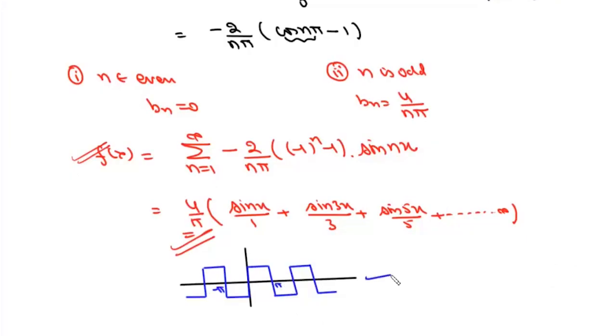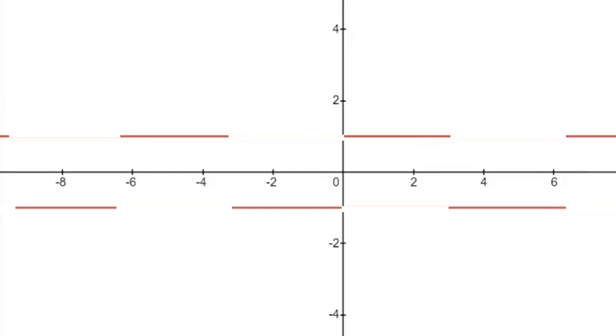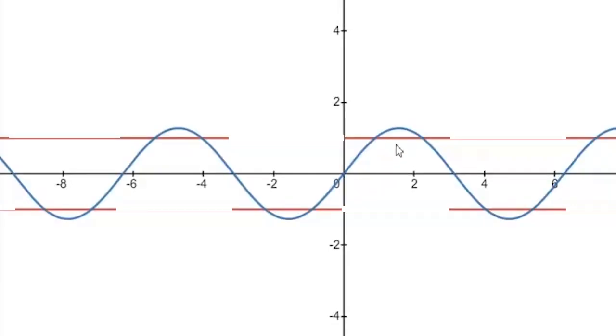Now for this odd square wave, we have worked out this Fourier series as 4 upon pi, sine x upon 1 plus sine 3x upon 3 plus sine 5x upon 5, and will continue up to infinity. Now the series on the right, which is Fourier series, it actually approximates this function. If we look at the first term of the Fourier series, it was 4 upon pi sine x, in that case this square wave will be approximated by this 4 upon pi sine x curve.